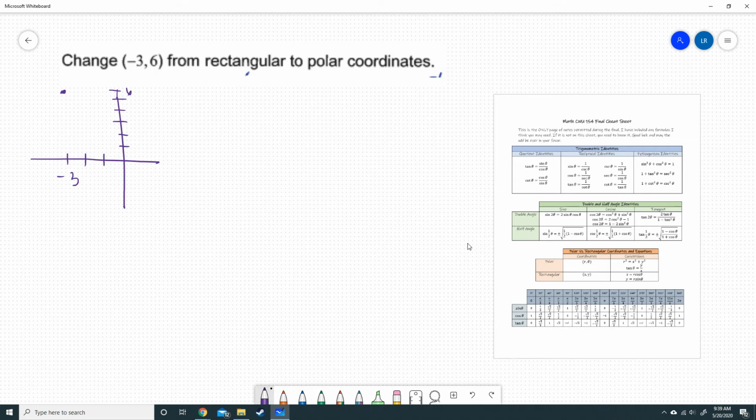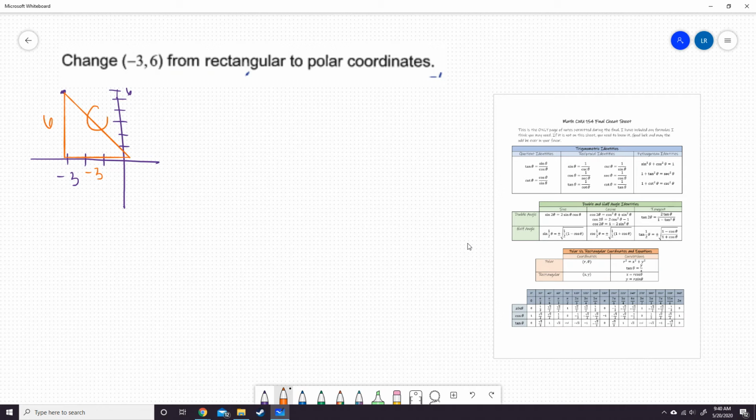Now, when we are trying to change this into a polar graph, we will use what we know about right triangle trig. If I were to draw a reference triangle here, I know that this leg of the triangle is -3 and this leg of the triangle is 6.